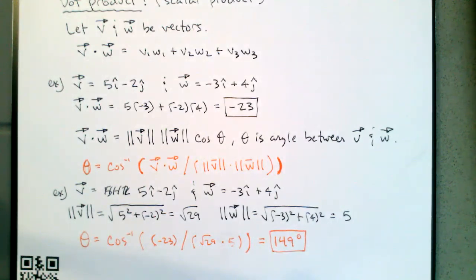Finding the magnitude of v is just the distance formula. It's the square root of the sum of the squares of the components. So the dot product is not going to give you any kind of displacement. It's just going to give you a scalar.